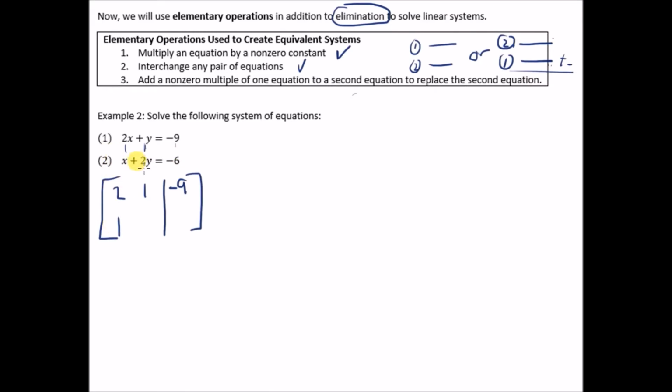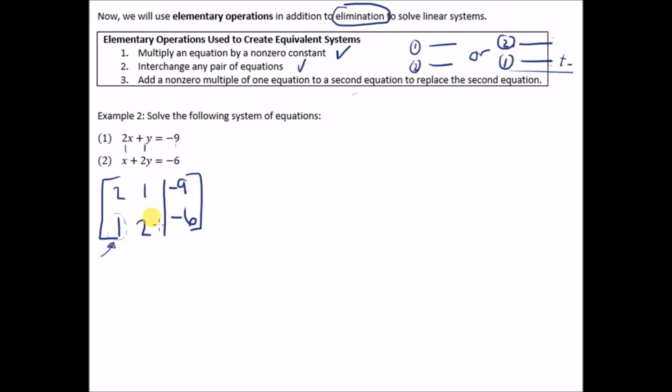And we have 1, 2, and -6. So we're only going to deal with the coefficients, and it's going to get a lot less confusing because there's a lot less filler. Our goal is to get a 0 in this box right here.